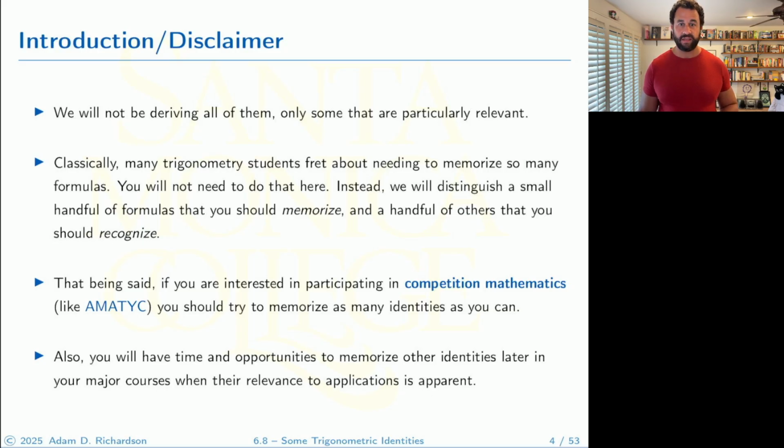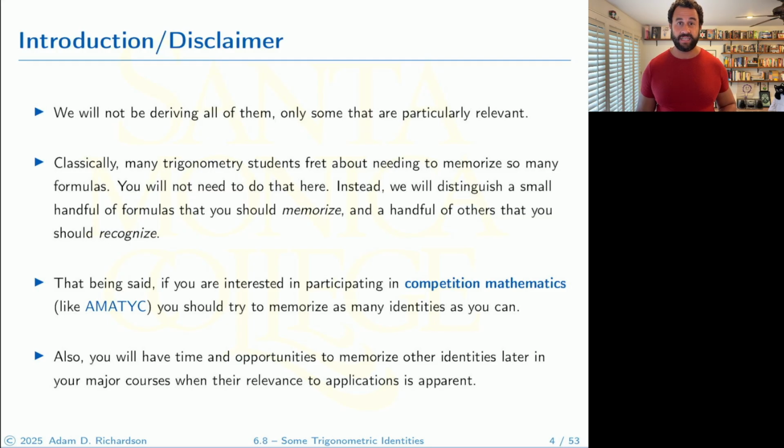Now, here is the disclaimer. We will not be deriving all of them. We're only going to derive some that are particularly relevant to the calculus sequence, okay? So if you haven't taken trigonometry before, or if you've seen this before, or if you go to the math lab or the tutoring center and you see students fretting about this, this is classically when a lot of trig students fret about needing to memorize so many formulas because there are hundreds of them, and many instructors require you to memorize dozens and dozens of them.